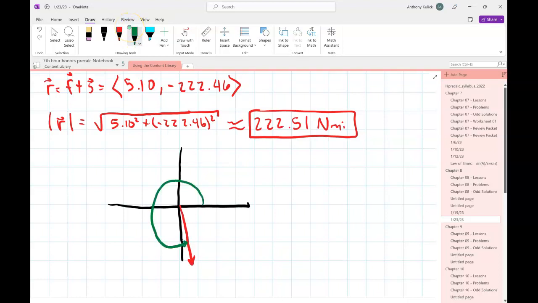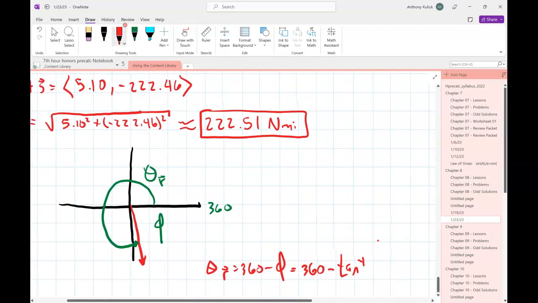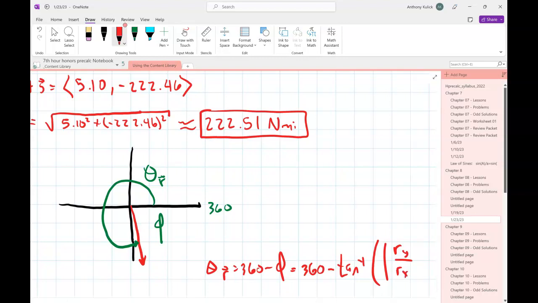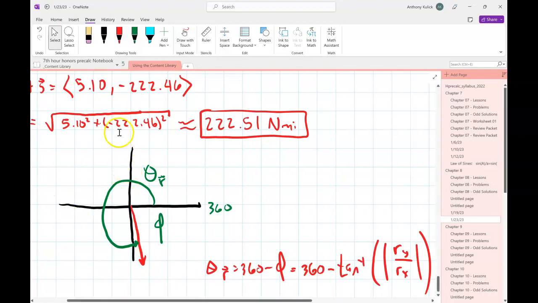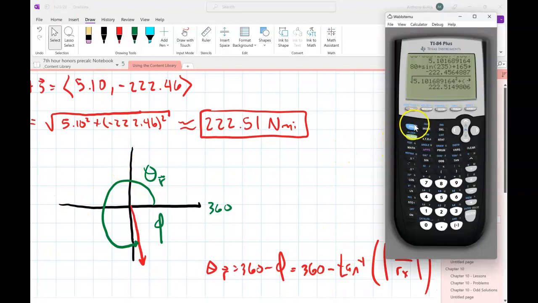So my standard position angle is going to be 360 minus phi. And we all calculate phi the same way: tan inverse of the absolute value of my y component of r divided by my x component of r. So that's just calculator time.